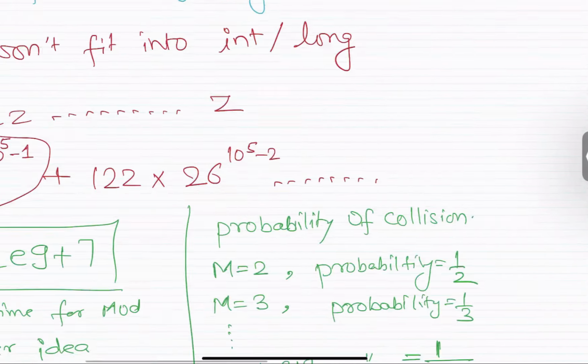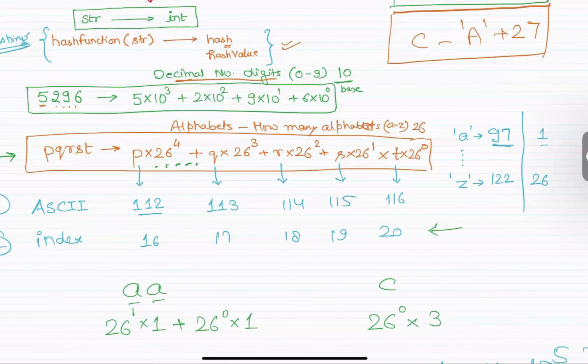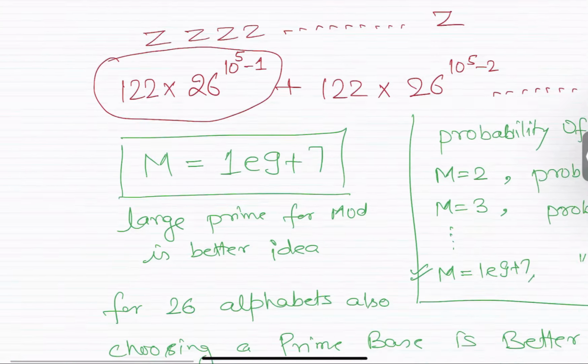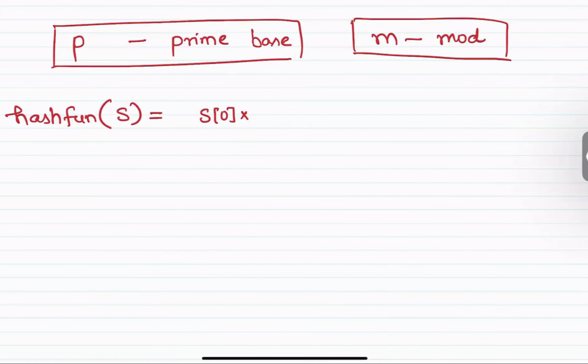You saw earlier how we wrote P power 0. Did you really multiply 5 with 10 power 0? S of 0 will be multiplied with P power what? P power length of string minus 1. Yep. P power n minus 1. Let's take n as the length of the string.